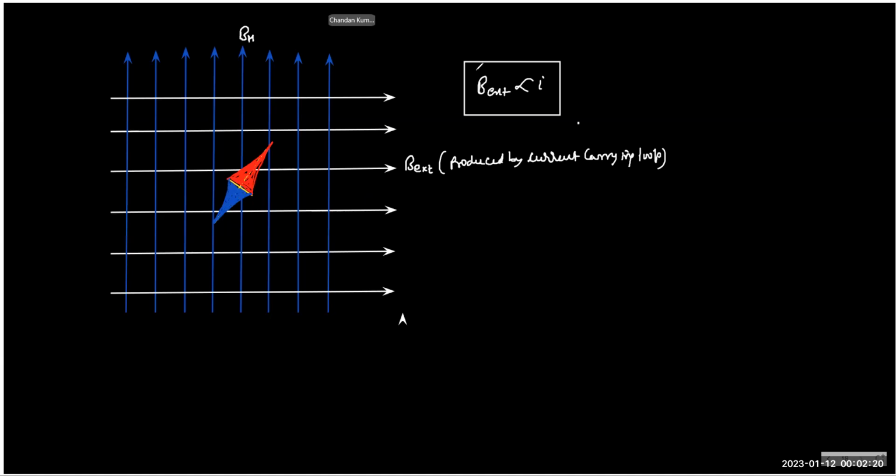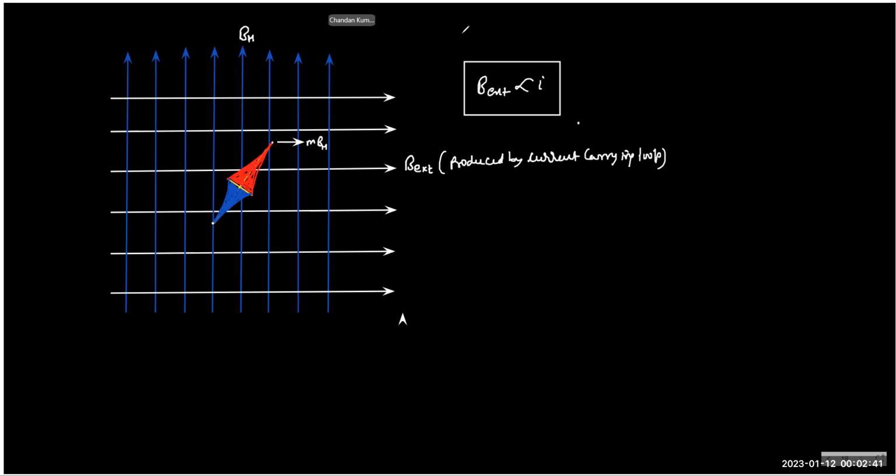Any guess? Because the North Pole and the South Pole are under the action of two fields, right? One field is horizontal. So the North Pole will experience a force like this. How much? M times BH, just like the qE formula, if you remember.